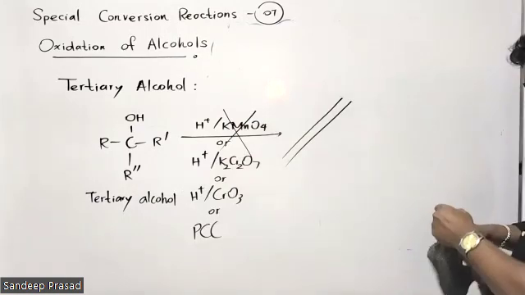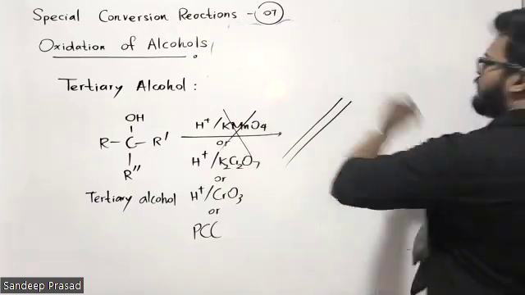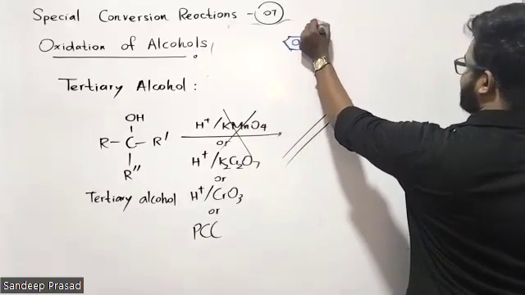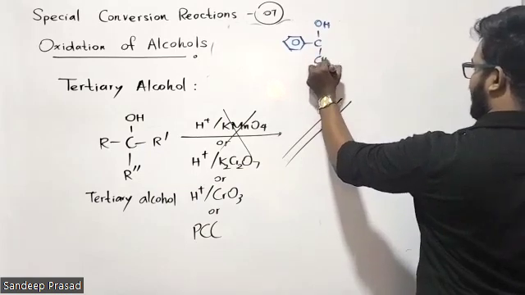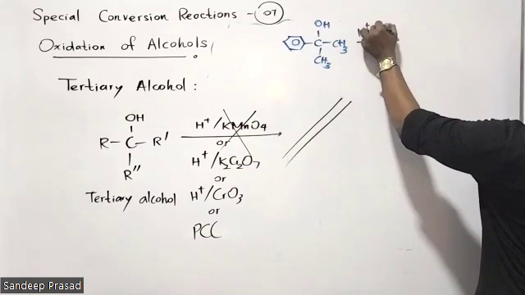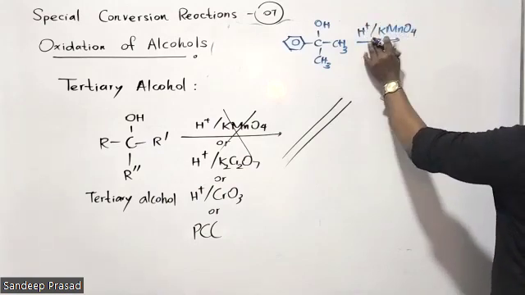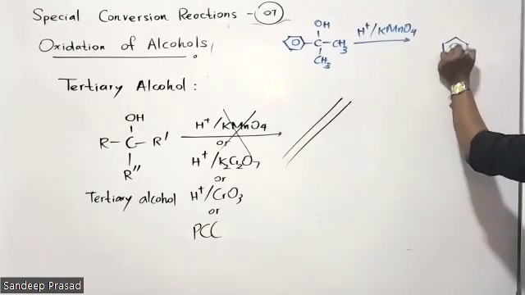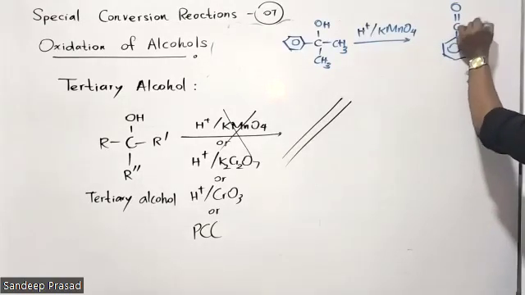But remember, if there is a benzene-containing tertiary alcohol, then by addition of an oxidizing agent like acidic KMnO4, it can be converted into benzoic acid in this way.